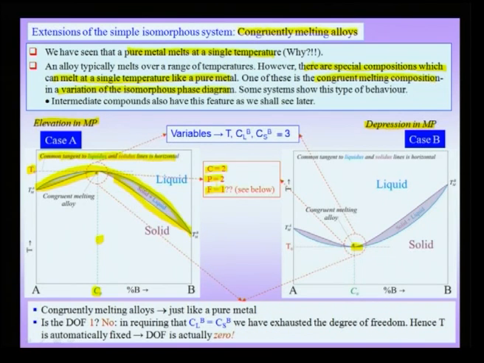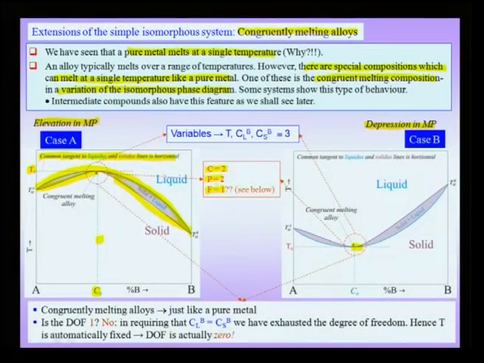But it is obvious from this phase diagram that there should be no degrees of freedom, because this is like a melting point for the alloy with composition C0. That means, it should be an invariant of the phase diagram. So, where is the paradox? The paradox can be resolved by understanding that we have three variables here: the temperature, the composition of the liquid and the composition of the solid.